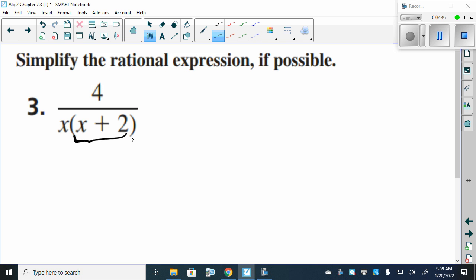No, so we can't simplify it out. Do we have any other numbers on bottom being multiplied out front? No, so we can't simplify anything with the 4, and there's no x on bottom or top. So it is simplified. We don't have to do anything to it because it's already in simplest form.